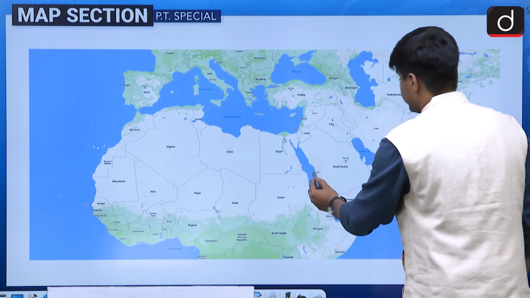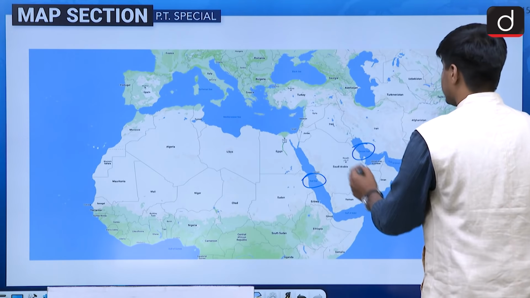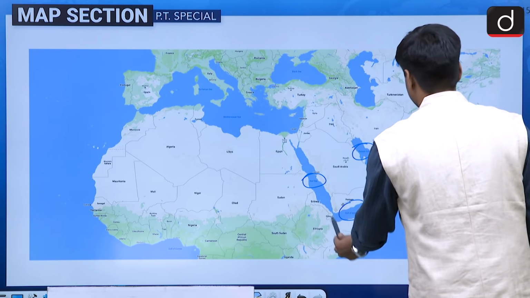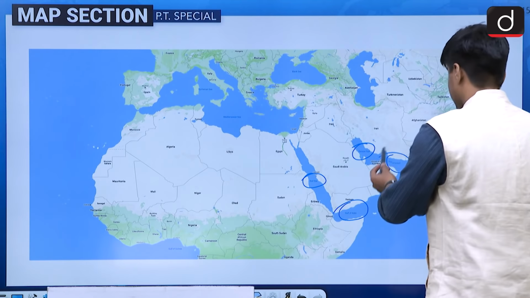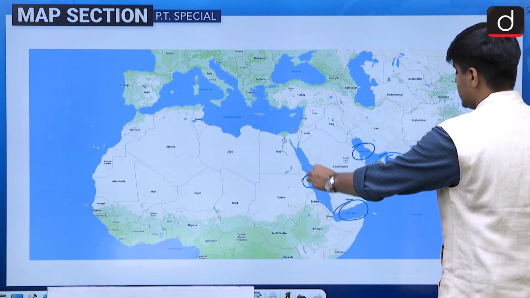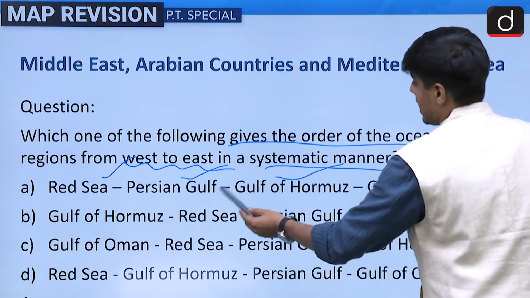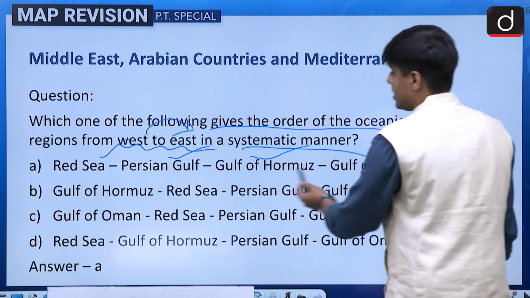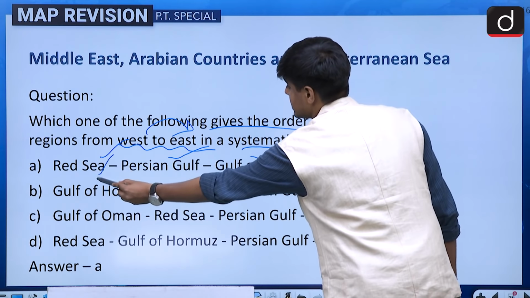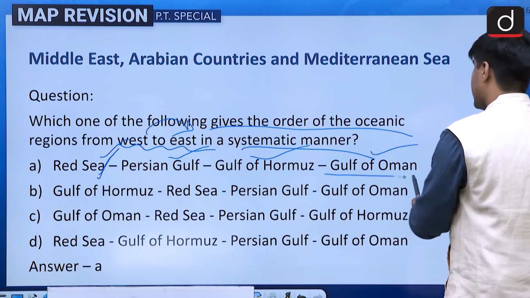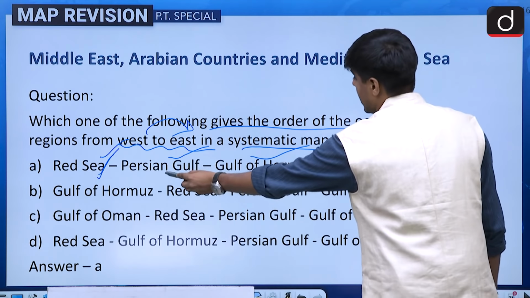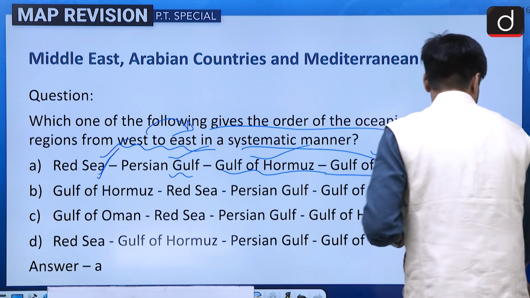We have the Red Sea here, the Persian Gulf here, the Gulf of Oman here, and the Gulf of Aden here. We have to move from west. The Red Sea is the westernmost and the Gulf of Oman is the easternmost, and in its midst we have the Persian Gulf and the Gulf of Hormuz.